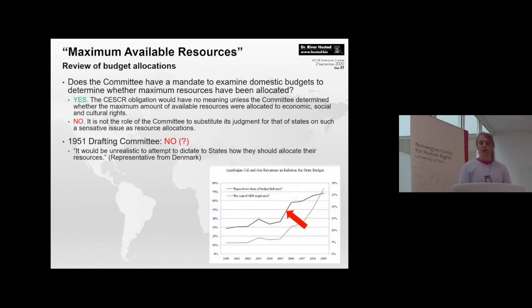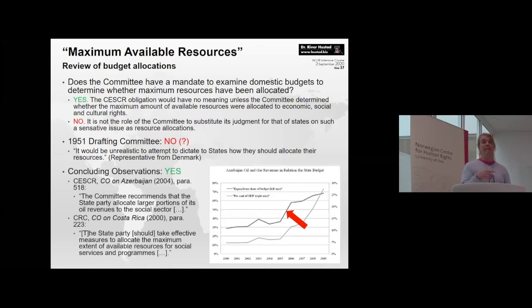And so the committee will actually review budget allocations. Like we talked about that already, but in 1951, the drafting committee would say, no, that's not something that the committee should do. It should not get into budget issues.